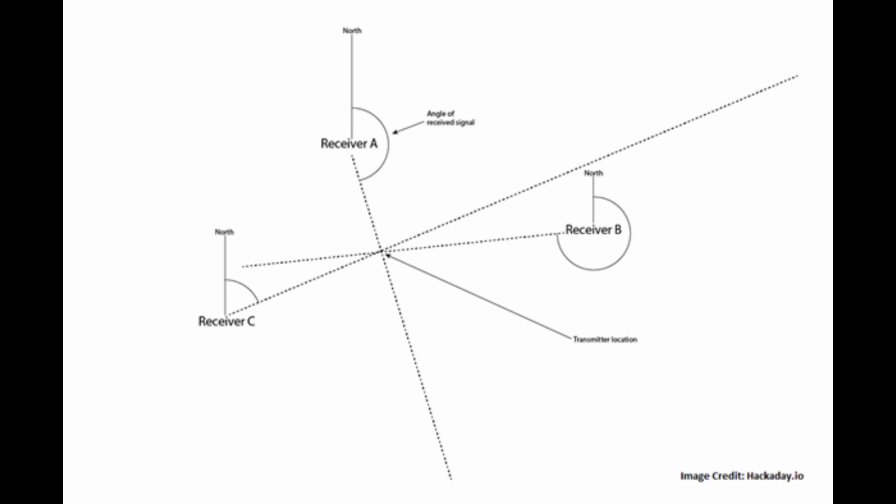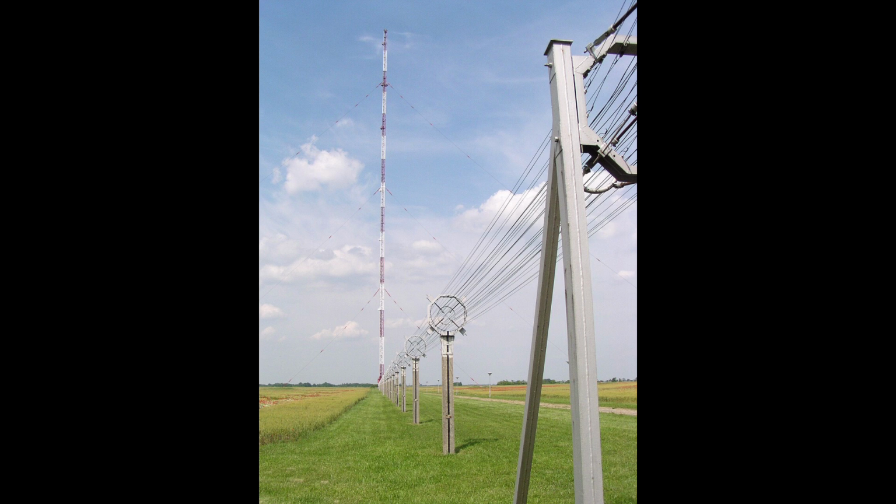So you need at least two separate stations, and each station draws a straight line which will represent the azimuth toward the signal's source. And the intersection of the lines will be the position of the transmitter, as shown in the diagram. And now I'm going to show two examples.